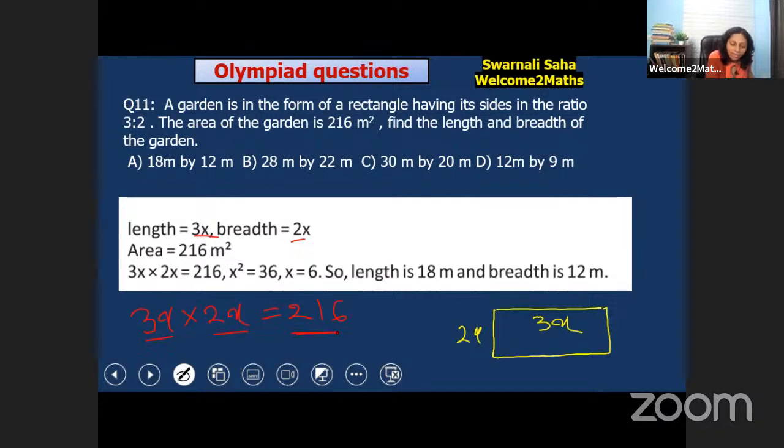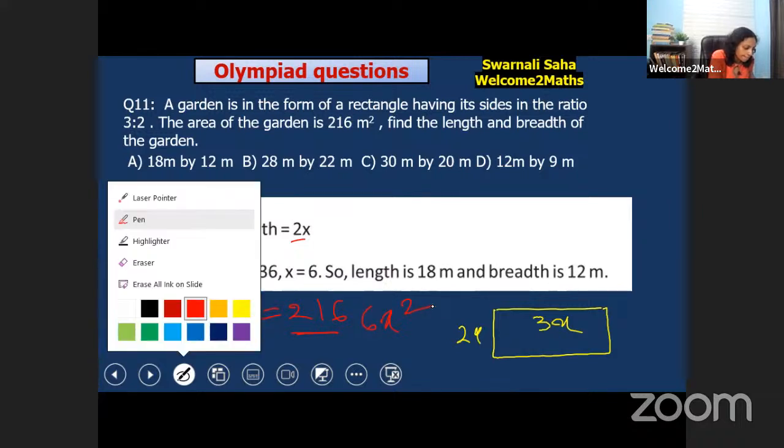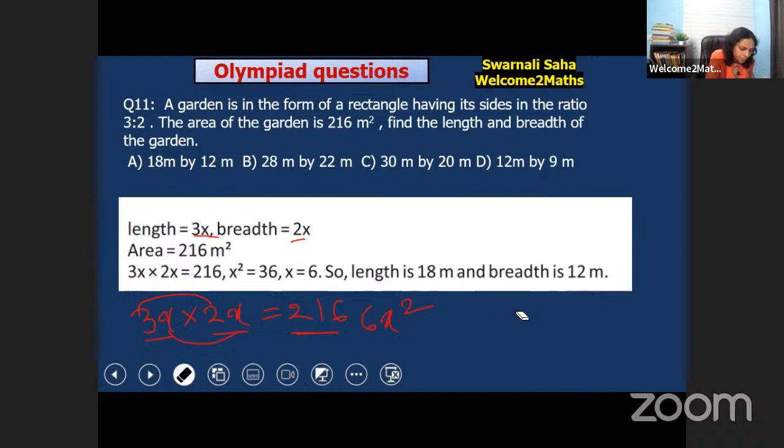So let's do the multiplication. 3 into 2 is 6 and x into x is x square. So 6x square is equal to 216. Now x square would be 216 by 6, and it is 36.